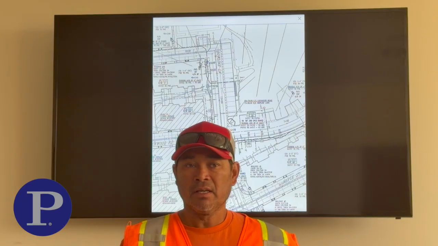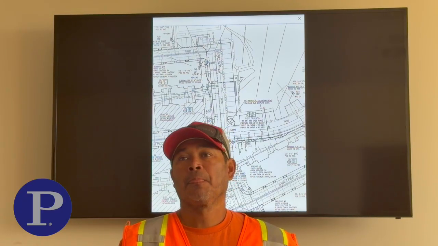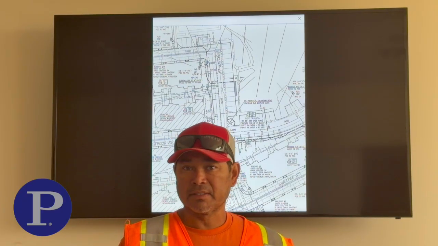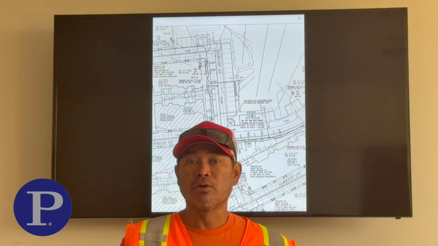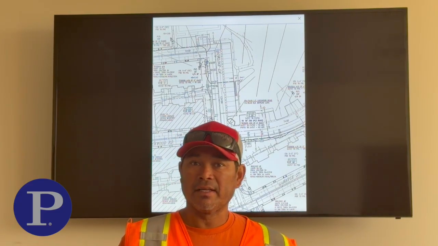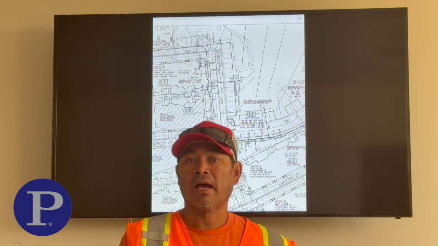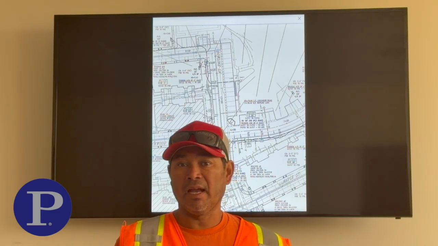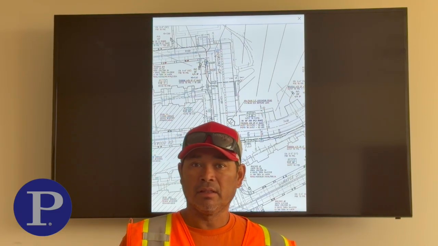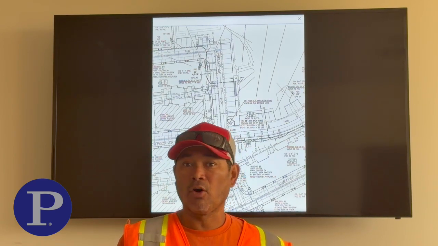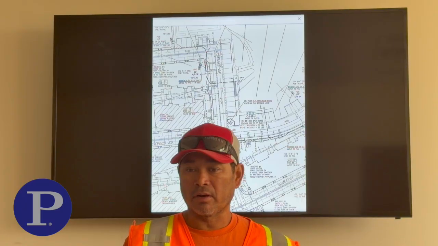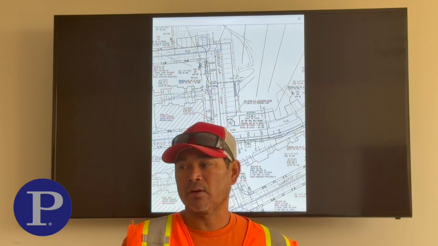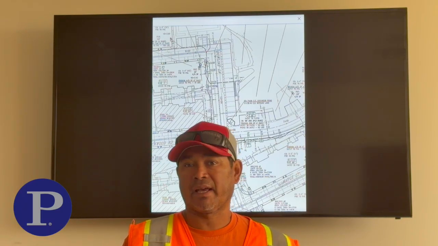If you see that your run for any service, or from one structure to the other, has more than what is on the print, ask your inspector, because every angle you add on the callout adds more pressure, I can say a harder pull for the cable.